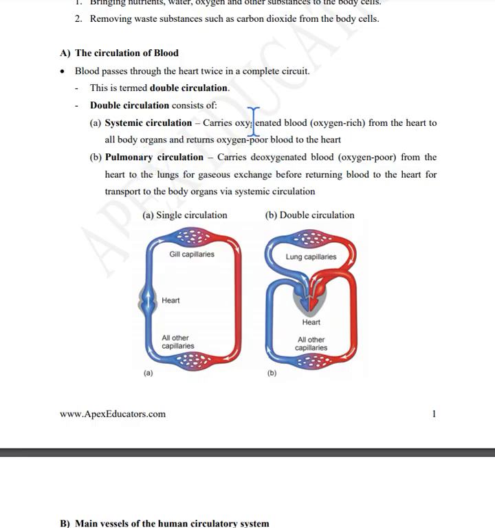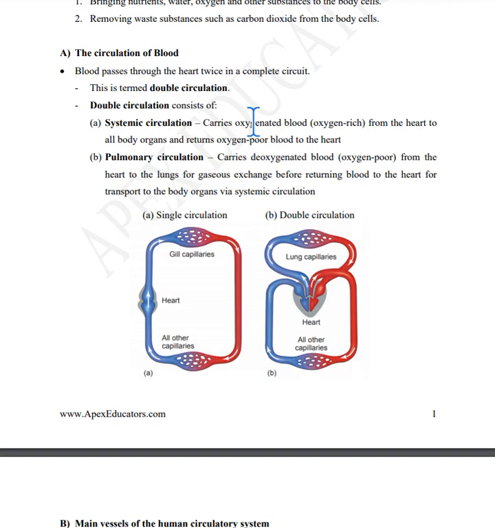Systemic carries oxygen-rich blood from the heart to all body organs, whereas deoxygenated blood, which is poor in oxygen, goes from the heart to the lungs for gaseous exchange before returning to the heart.